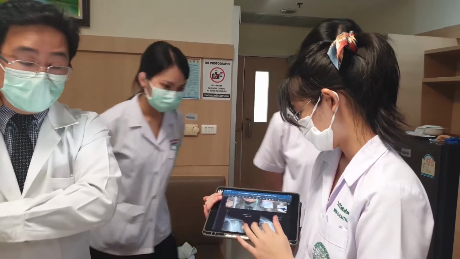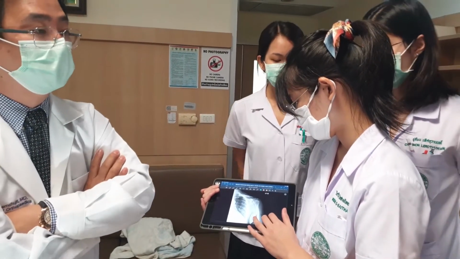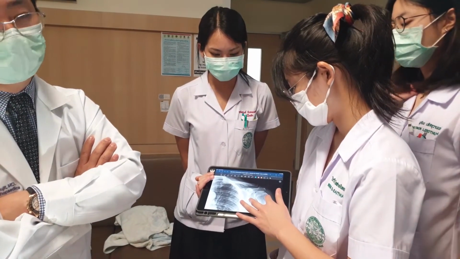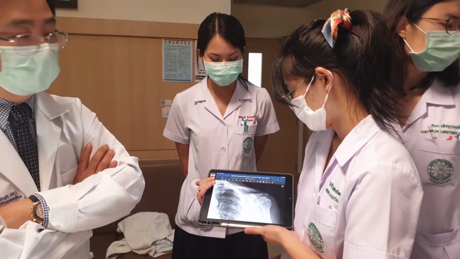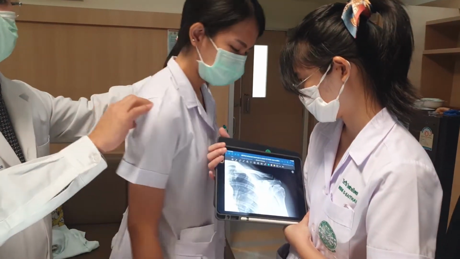Next. After the reduction, there's another reduction technique, the one where you push the glenoid. You know, there are over 100 techniques for reduction.